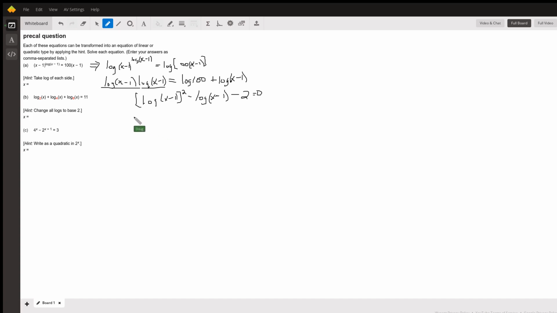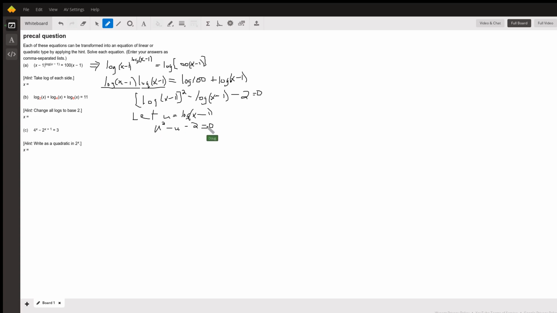To help visualize it, we could say let u equal the log of x minus 1. And now when we write it, you get u squared minus u minus 2 equals 0.